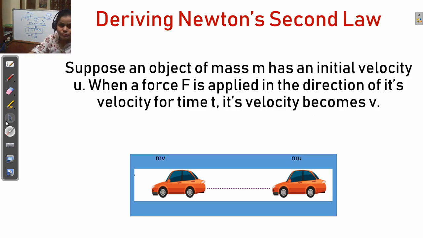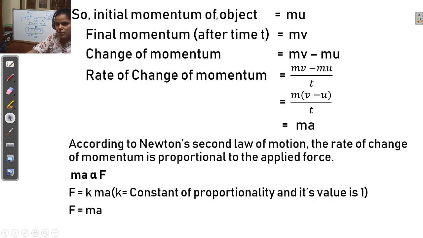Then the initial momentum, as I already taught you, is mu, because momentum is the product of mass and velocity. The initial velocity is u, so the initial momentum is mu, and the final momentum after time t is mv. So the change of momentum is mv minus mu. The rate of change of momentum is mv minus mu upon t.